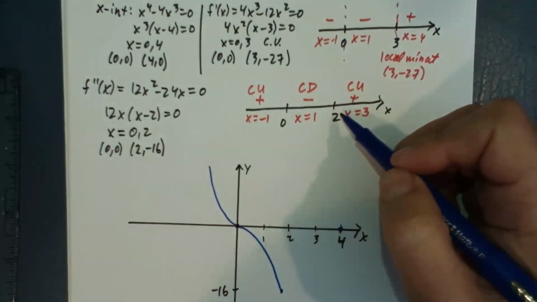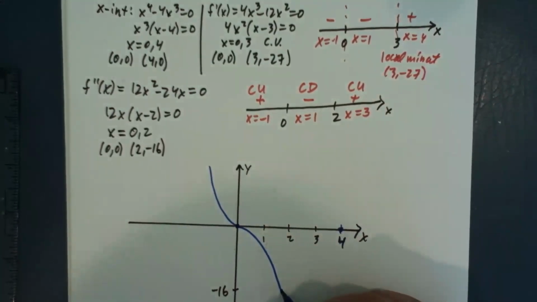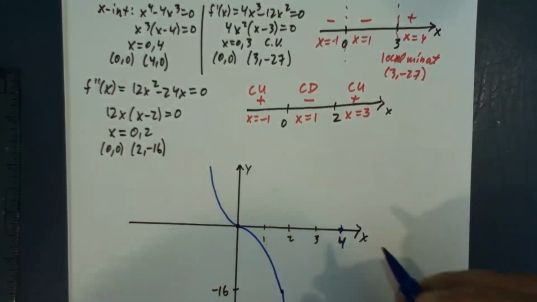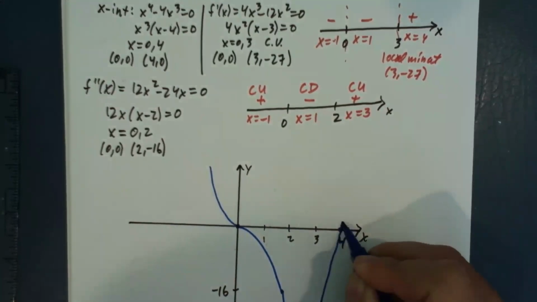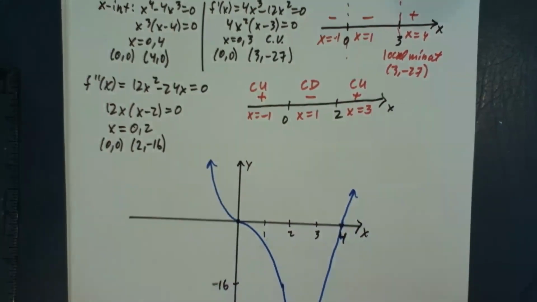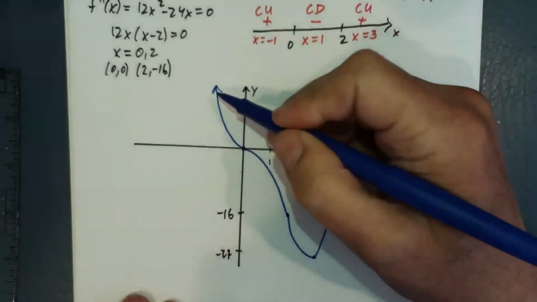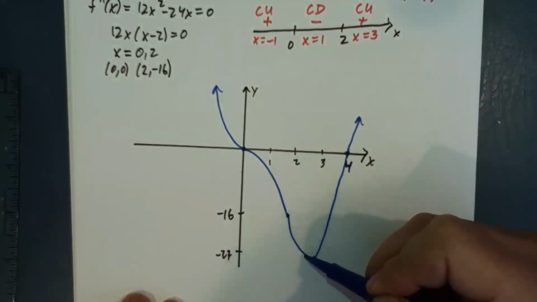And we're concave downward from 0 to 2, and then it changes to become concave upward. And then it shoots back up through 4. Ooh. So you can see concave upward, concave downward, concave upward at (2, -16).